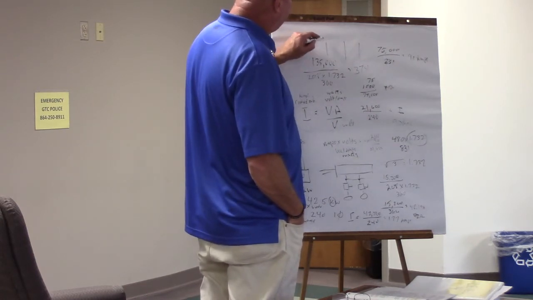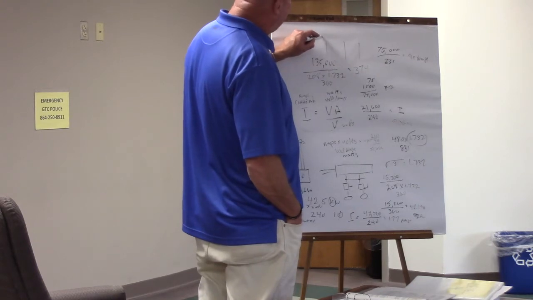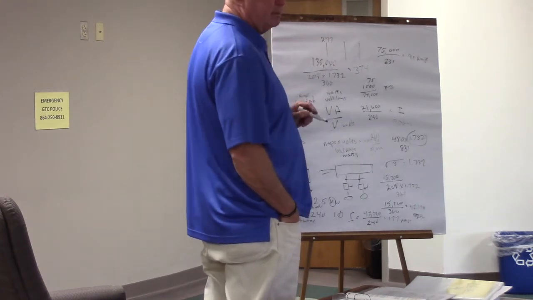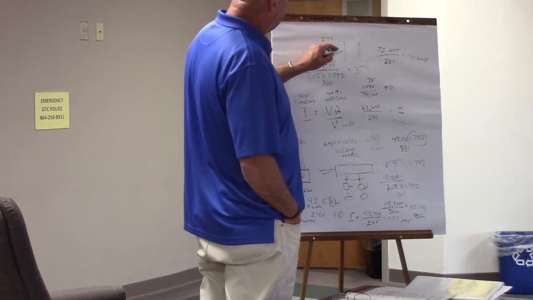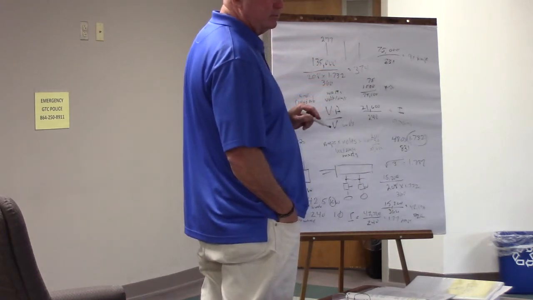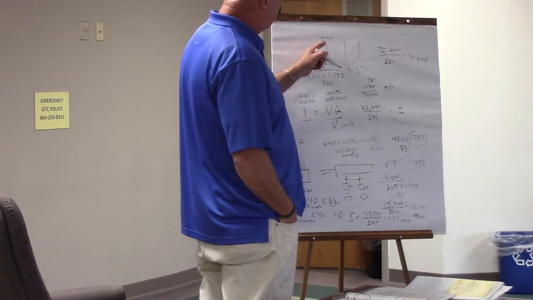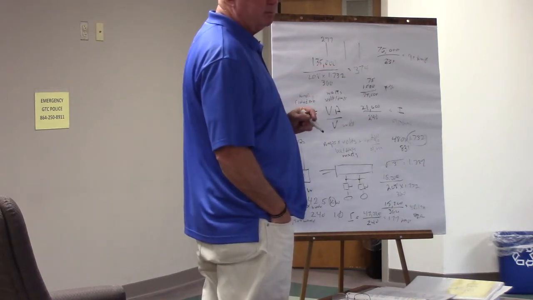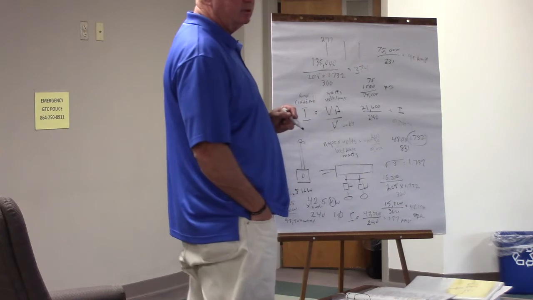If we go one leg, what is it on the 480? It's 277 volts, right? Okay. But if we go between 2 legs, how much do we have? 480 maybe. Okay. Multiply 277 times 1.732, see what you get.